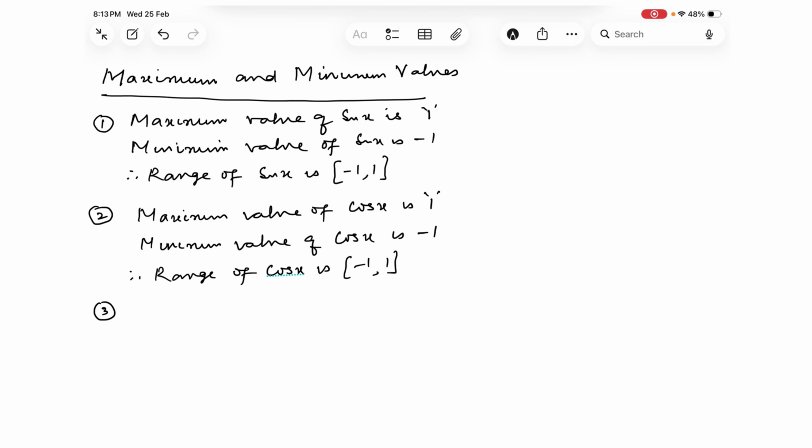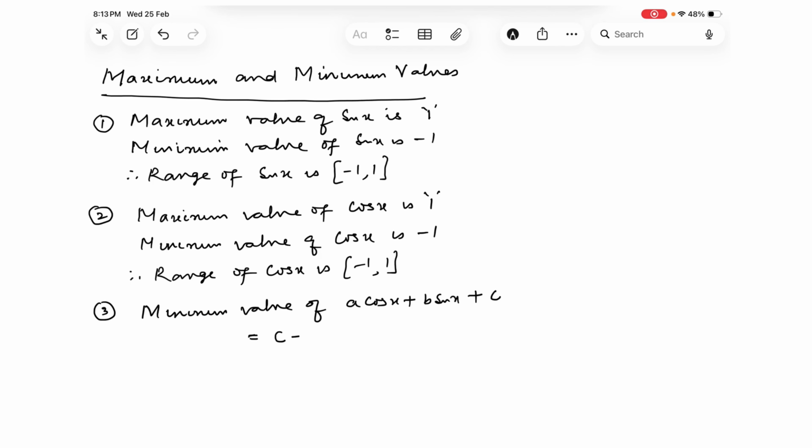The third point, very, very important: the minimum value of a cos x plus b sin x plus c is equal to c minus root of a square plus b square.